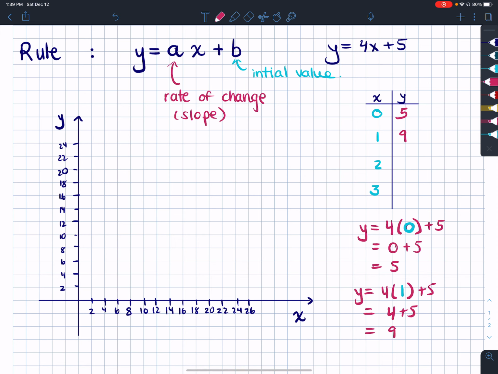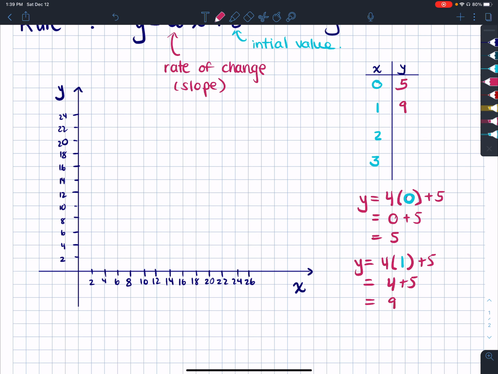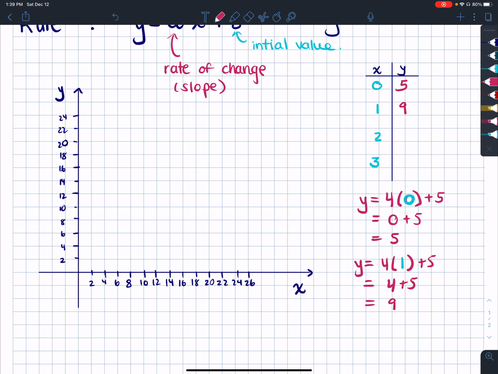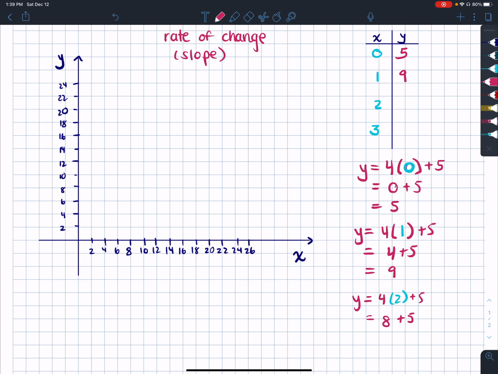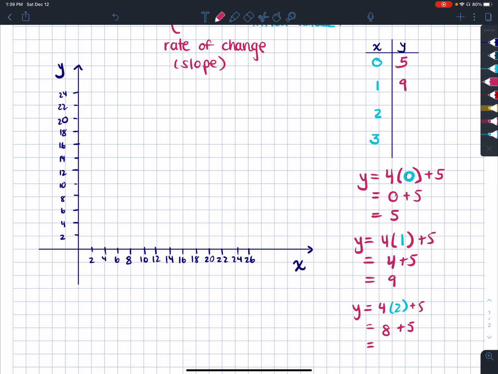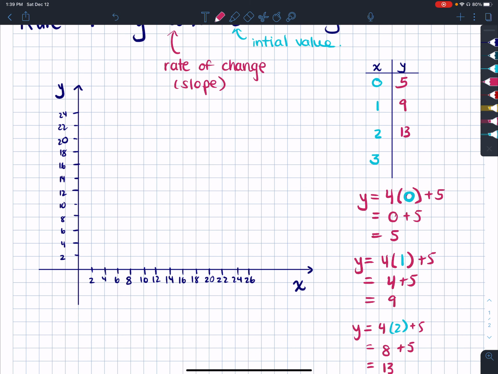So this is 9. And we have y equals 4 times 2 plus 5. So y equals 8 plus 5, that gives us 13. So we'll get 13. And then we'll actually see a little bit of a pattern here.